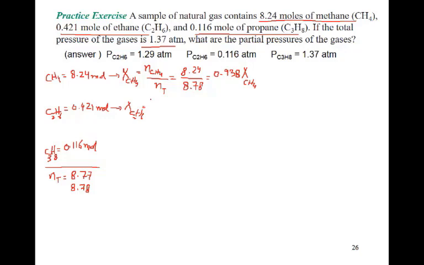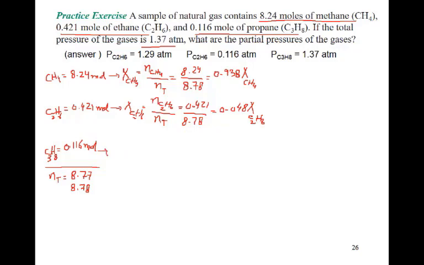Ethane is equal to the number of moles of ethane C2H6 divided by the total number of moles, so that is 0.421 divided by 8.78, and that will be equal to 0.048. It is the mole fraction of C2H6.